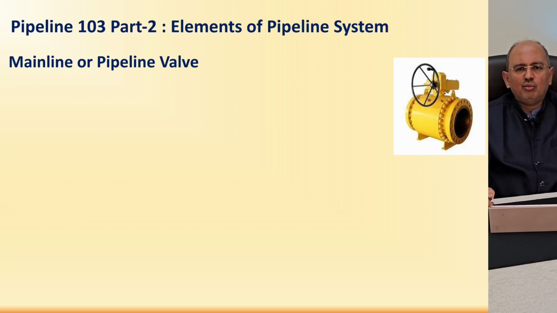Typically, we use a full bore ball valve for mainline pipeline applications, because we need a full bore matching the pipe ID through the valve, through which the pig should be able to pass. We cannot have a reduced bore valve in which the pig can get stuck.